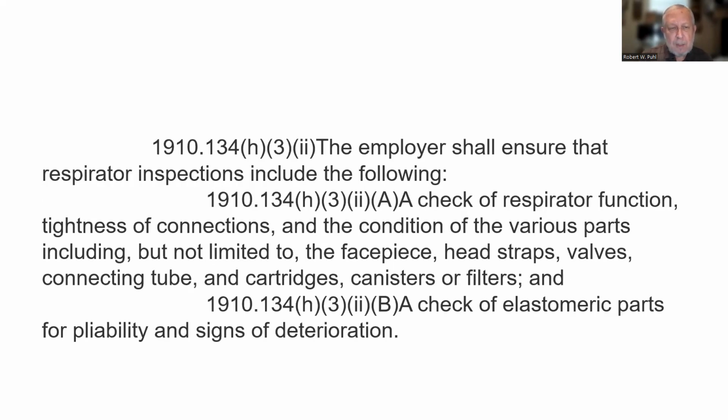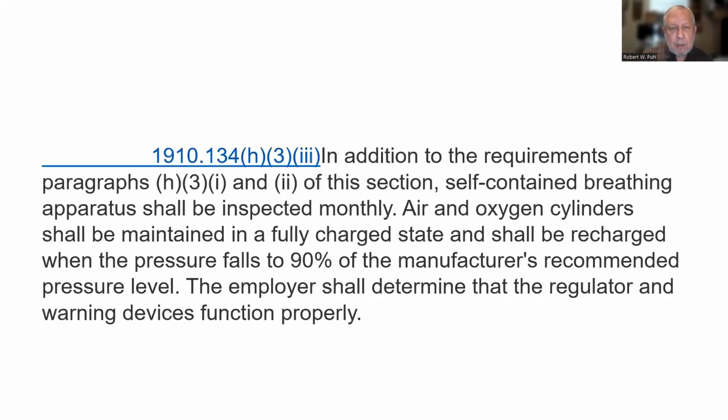The employer shall ensure that respirator inspections include the following: check of respirator function, tightness of connections, and the condition of the various parts, including but not limited to the facepiece, head straps, valves, connecting tube, cartridges, canisters, or filters, and a check of elastomeric parts for pliability and signs of deterioration.